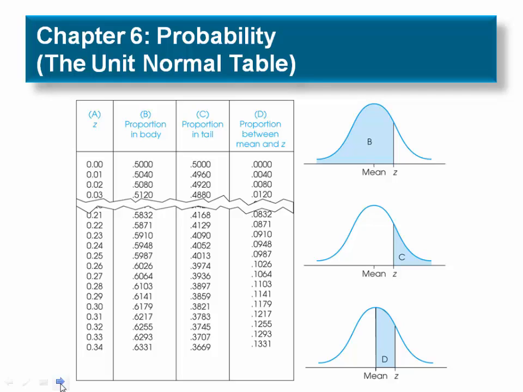Also, there is exactly 0.0987 or 9.87% of the distribution between the mean and z equals plus 0.25.